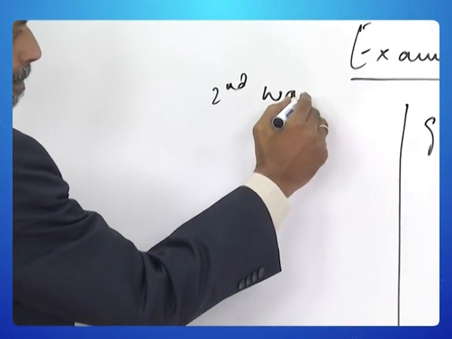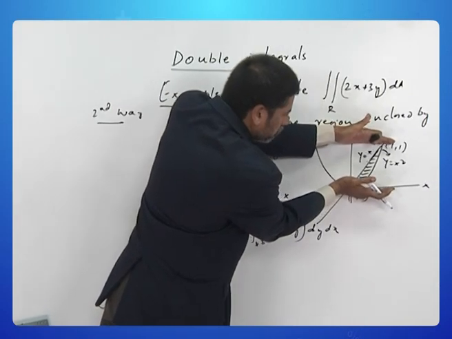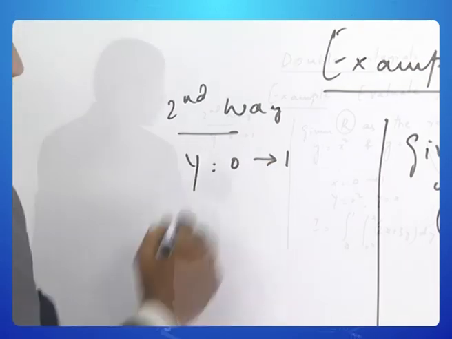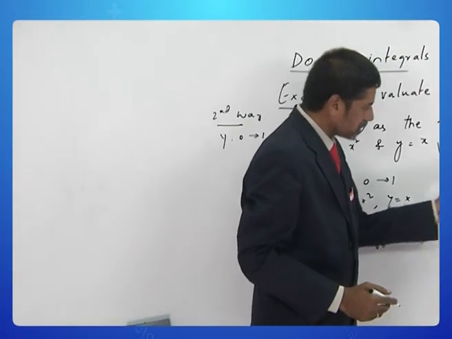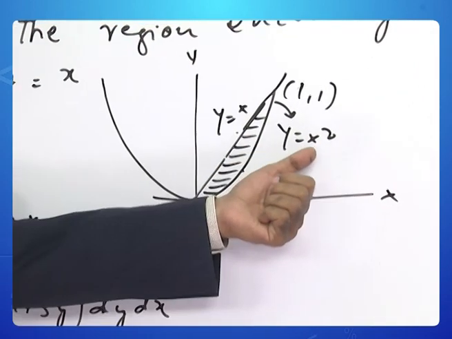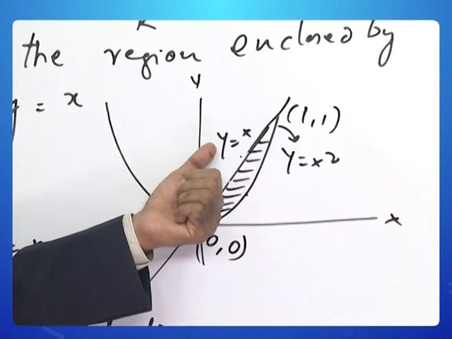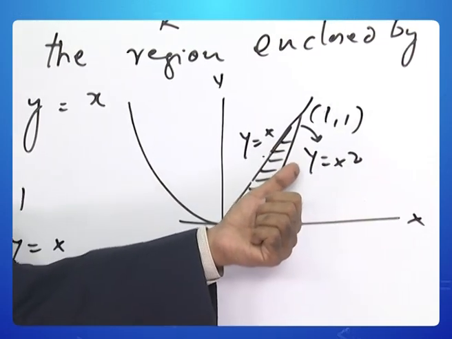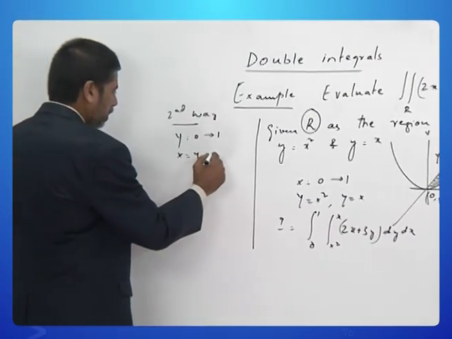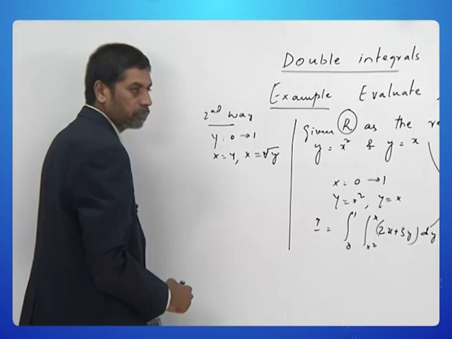Second way, imagine y is varying from 0 to 1. What about x? This will be the lower boundary for x and that will be the upper boundary of x. So you will write this equation as x is equal to y, that forms the lower boundary, and x is equal to square root of y as the upper boundary. So x is equal to y to x is equal to square root of y.